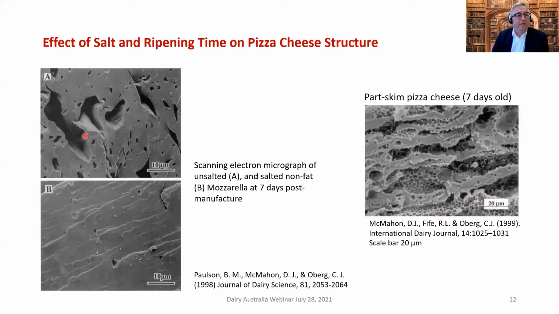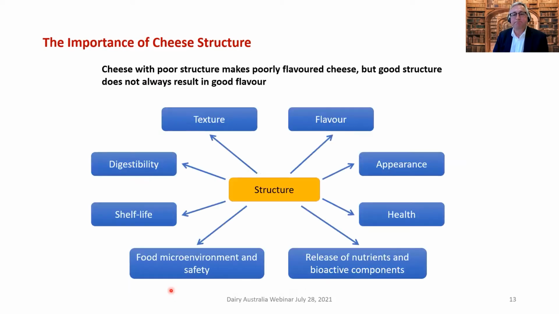Here it is again up the top with A, and over time, the protein swells and imbibes the water found in these channels, and it creates a more homogeneous structure. Also, if you add salt, it creates a more homogeneous structure, and much more quickly than it would in the absence of salt. So another way to alter structure is to change the salt content.